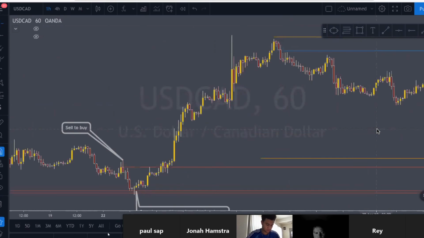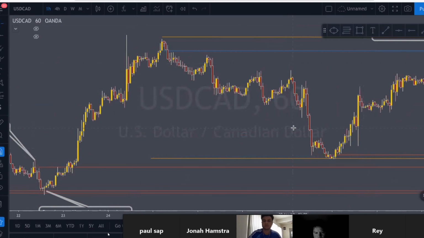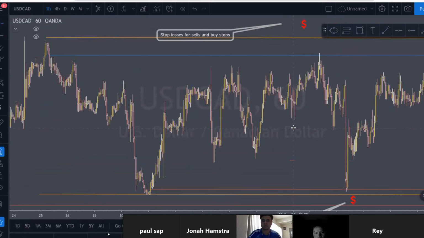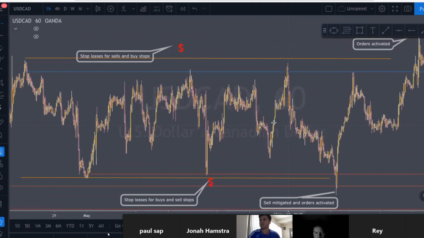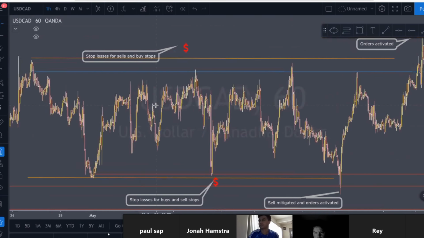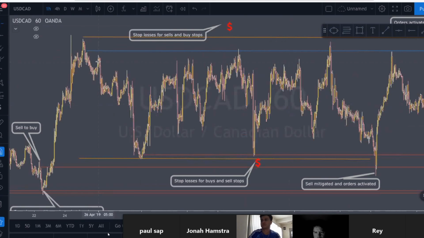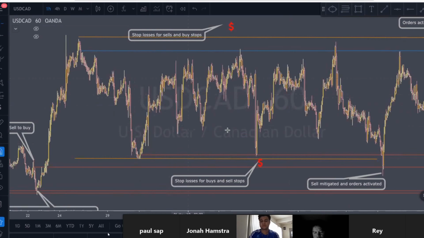Okay. Now, if we come here and look at this structure, price is clearly in a range. You've got support and resistance, which I actually don't use, but it's not bad because you could have won. But when we look at this, we say, okay, this price has really made a range here.